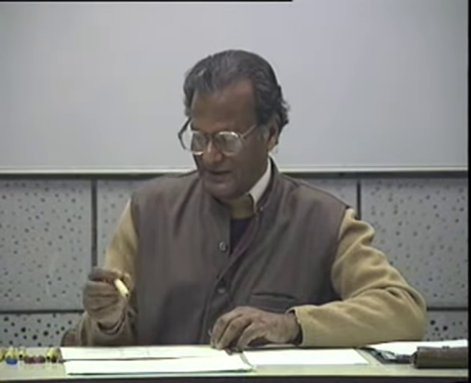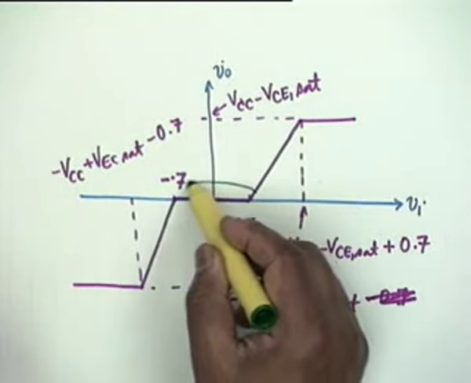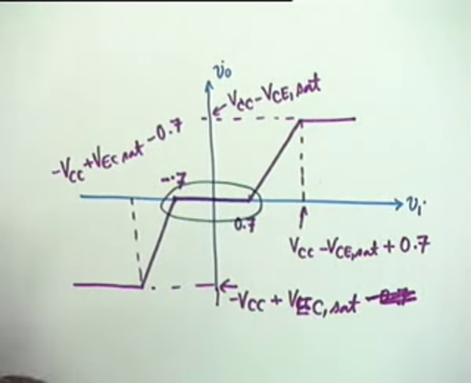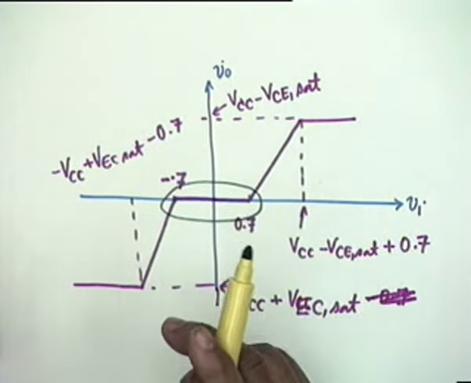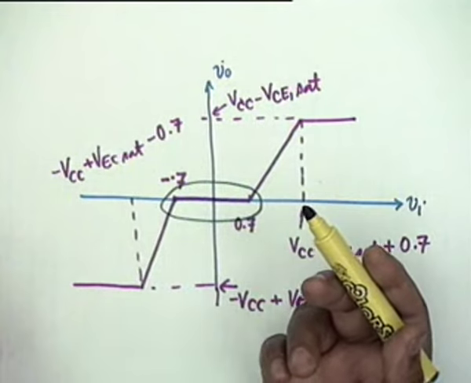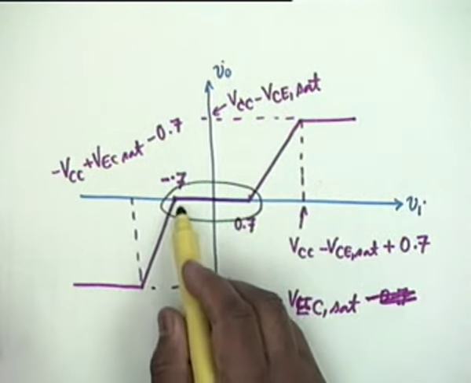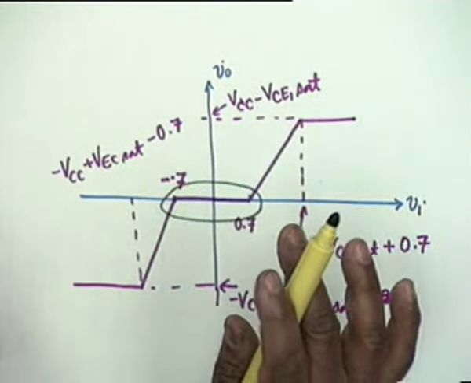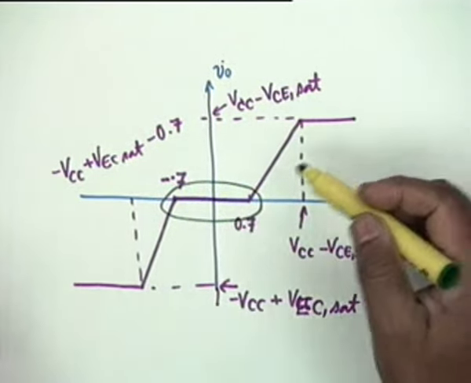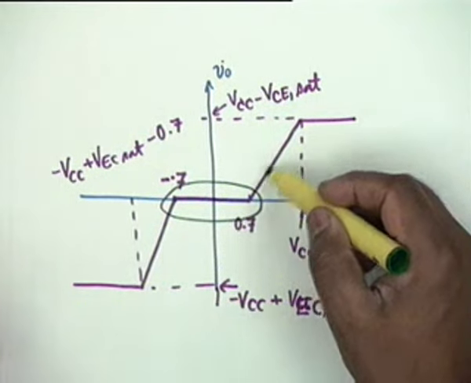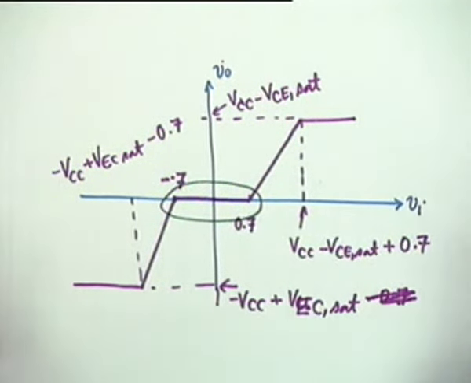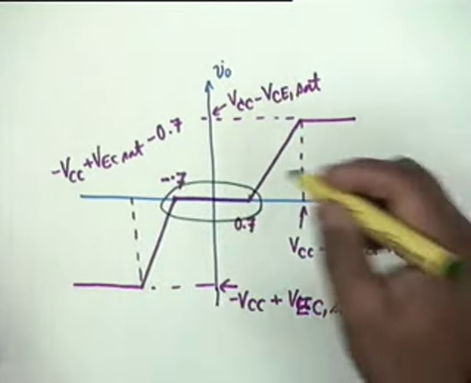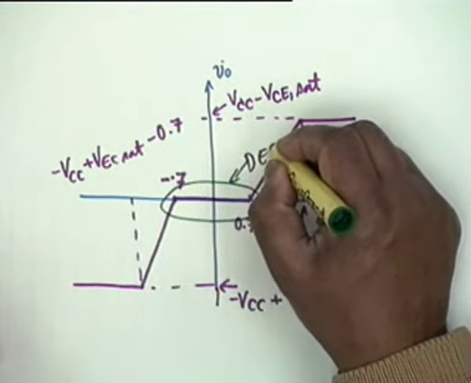Now, what I want to point out to you is that there is a region in the transfer characteristic which is a dead band, where there is no response. If Vi lies between minus 0.7 and plus 0.7, there is no response. It is only after that that the output voltage follows the input voltage. This is called a dead band.